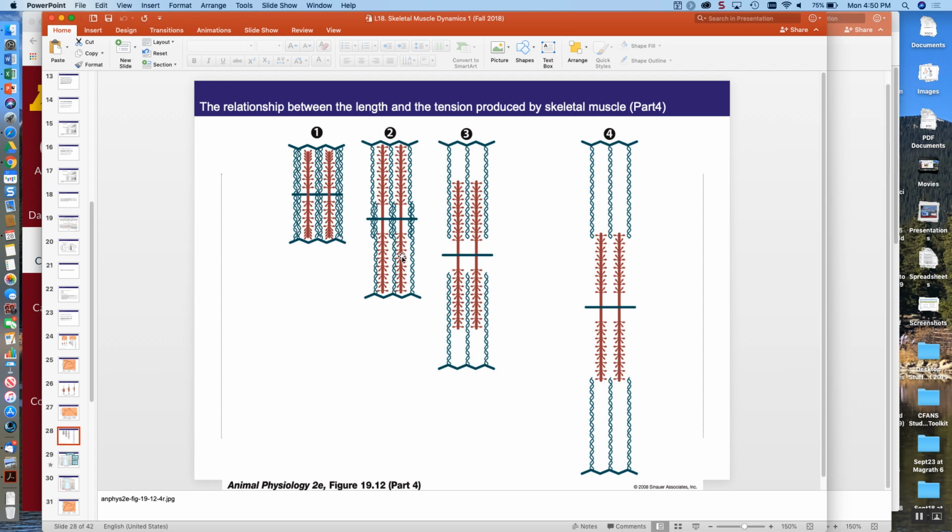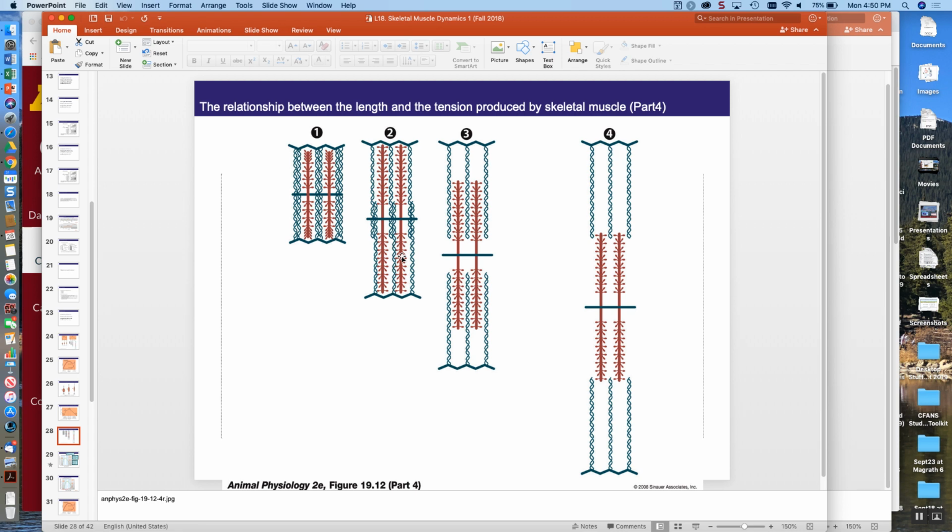But as you start to exercise and you force more blood into the heart, more blood is forced into the ventricle, it stretches the cardiac muscle towards optimal length, maximizing those actin and myosin interactions so that you can get a more forceful contraction to compensate for that extra amount of blood.